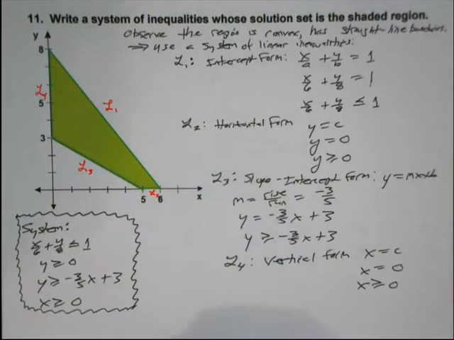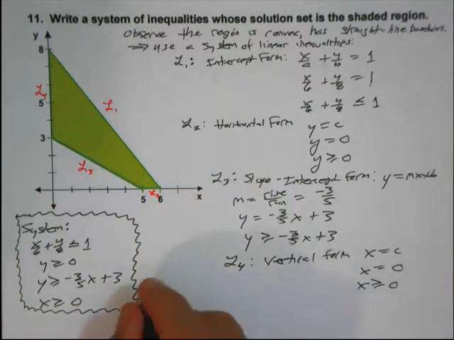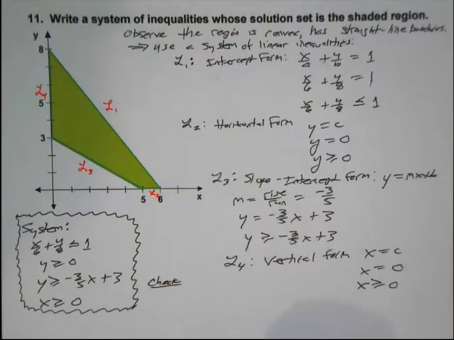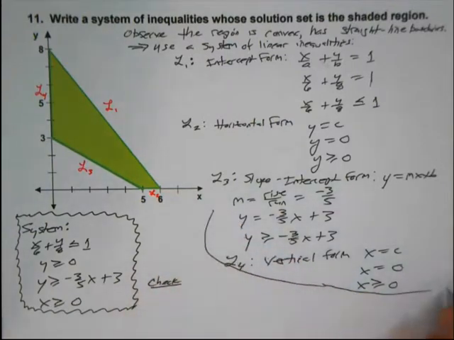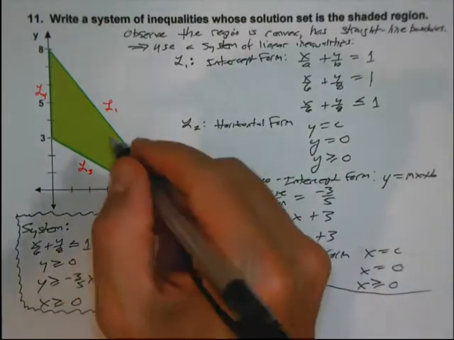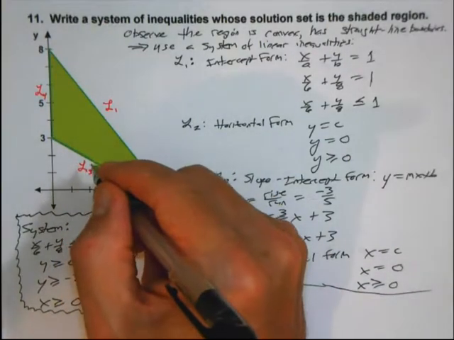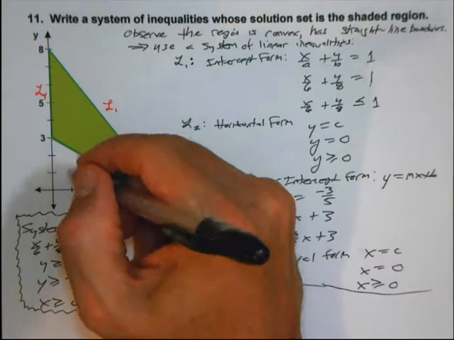Okay, now let's check our work. We could do that by selecting some point that's clearly in our system here. For instance, let's say (3, 3).